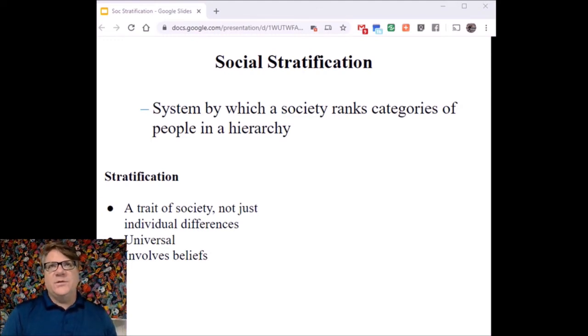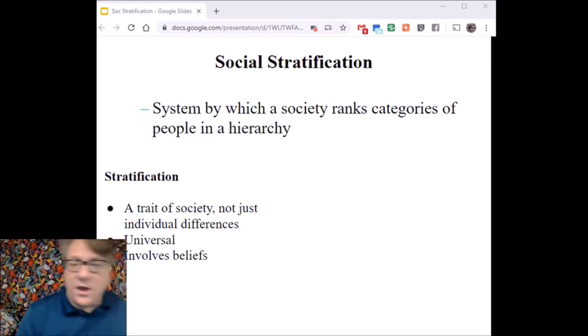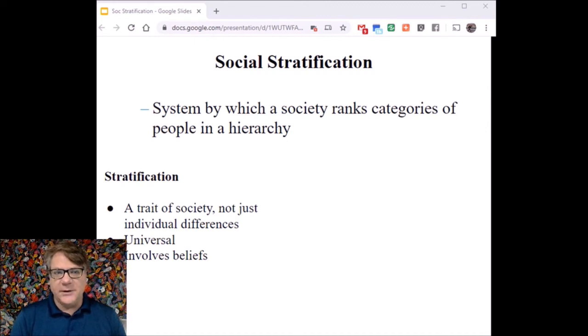I think folks that lean to thinking about people's rights and equality, racial equality, income equality or inequality, this usually is something that they struggle with, right?